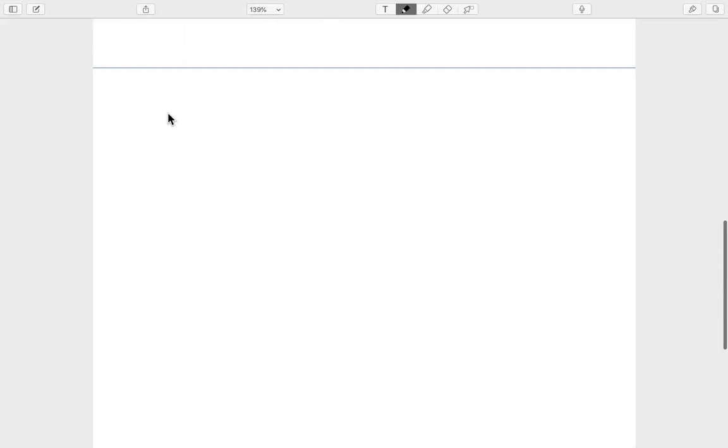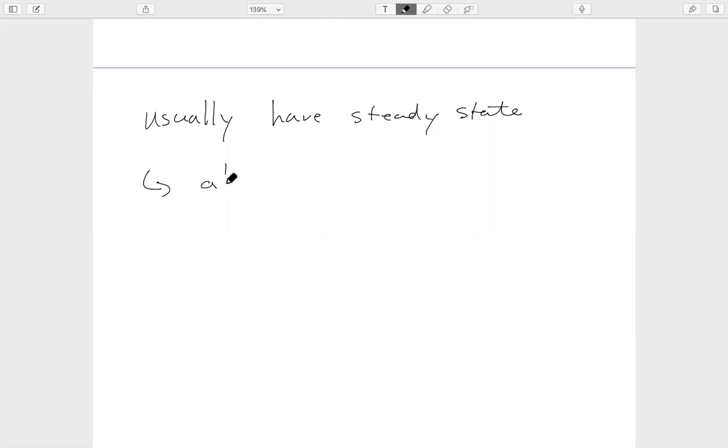Basically, when we use that equation, we will be looking at steady state. And what that will mean is all of the properties are constant.